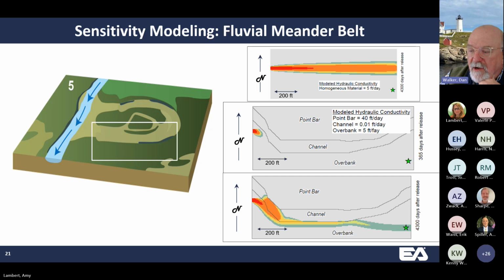When we release our theoretical contaminant, the gradient is still running left to right. We let it run for 365 days, and then we run for 4,000 days. What you see is the plume is deflected significantly around this channel complex because the contaminant is outside this fine-grained barrier. So the point that we're trying to illustrate here is that when you have these complex systems, the plume is not going to behave in a straightforward manner.